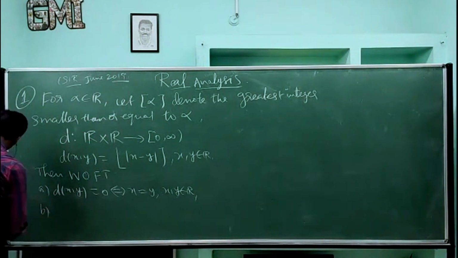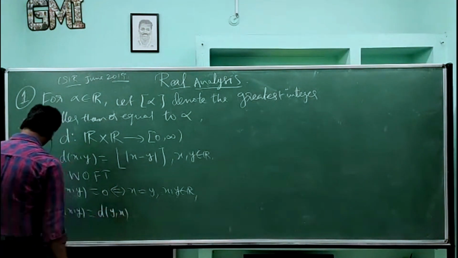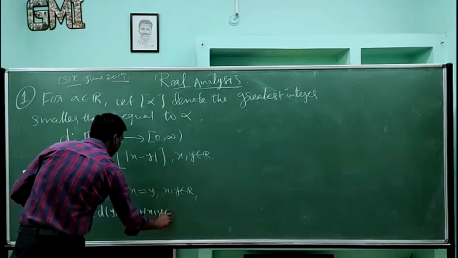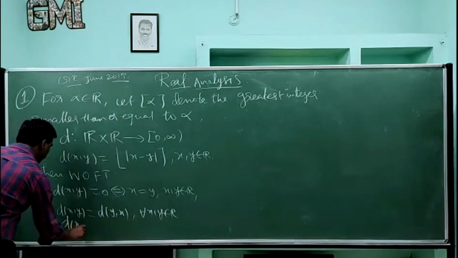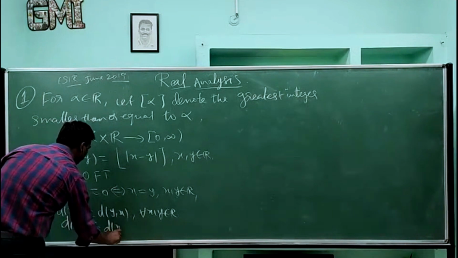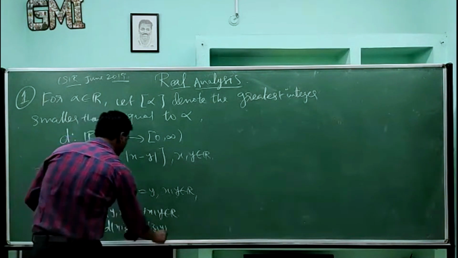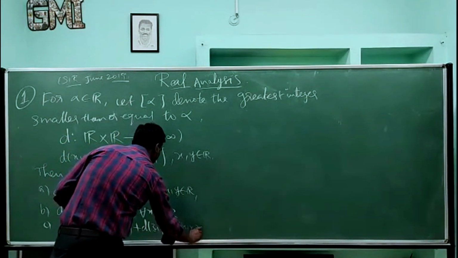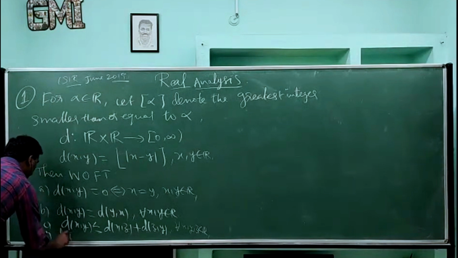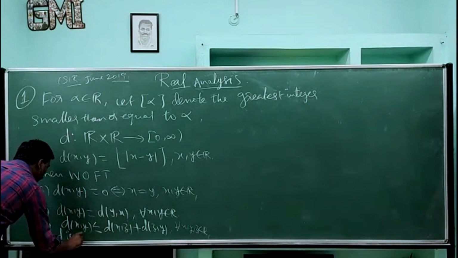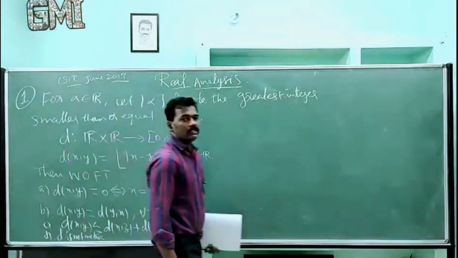But anyway, this is a CSIR question. Option B: d of x comma y equals d of y comma x for all x comma y in R. Option C: d of x comma y is always less than or equal to d of x comma z plus d of z comma y, for every x, y, z in R. Last option D: d is not a metric.